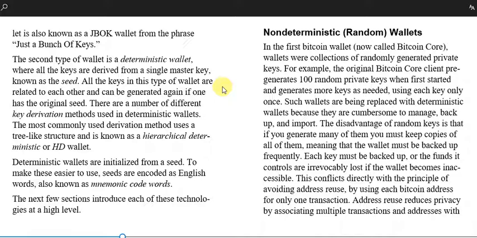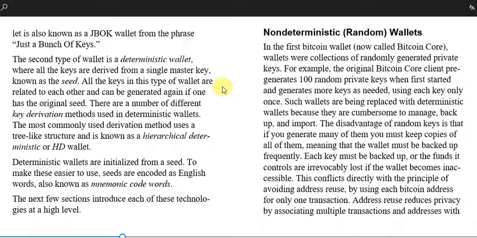Such wallets are being replaced with deterministic wallets because they are cumbersome to manage, backup, and import. The disadvantage of random keys is that if you generate many of them you must keep copies of all of them, meaning that the wallet must be backed up frequently. Each key must be backed up, or the funds it controls are irrevocably lost if the wallet becomes inaccessible.